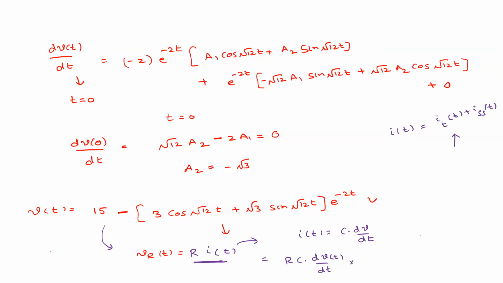If the question is only VR of t, we need to find I of t, written as I transient part plus I steady state part. Based on the questions, we need to calculate either I of t or V of t, so that we will select.